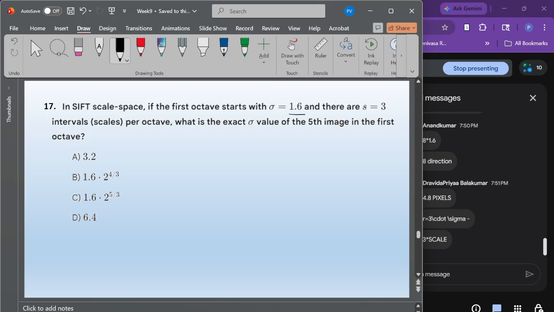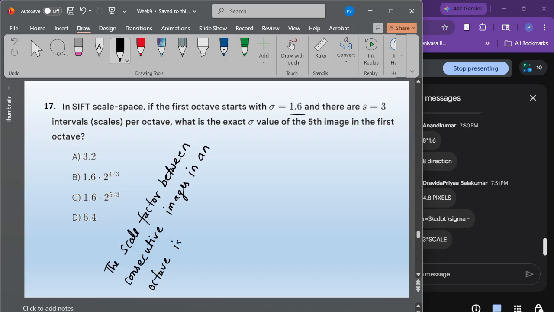The scale factor between consecutive images in an octave is given by, let's say it is represented by k, equal to 2 to the power 1 by s, where s is the intervals.